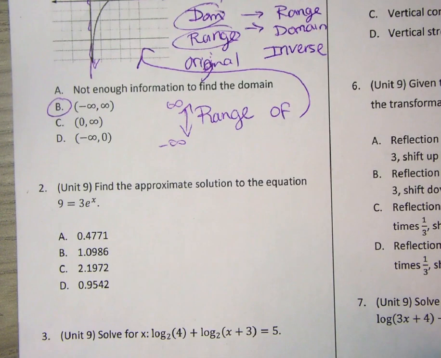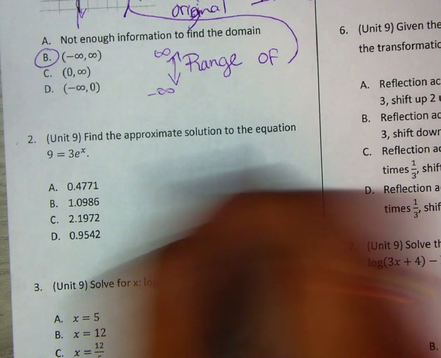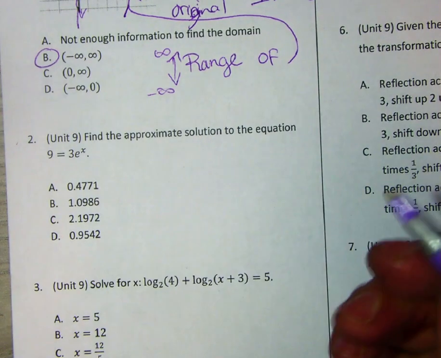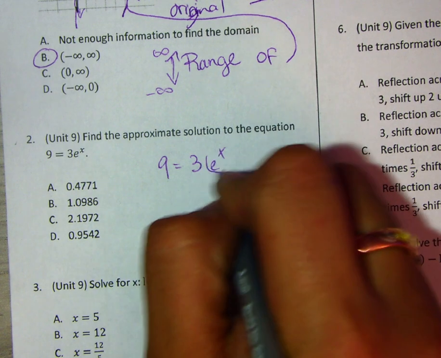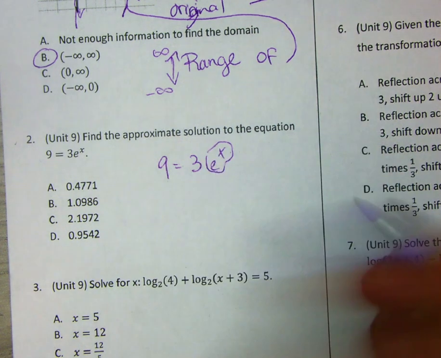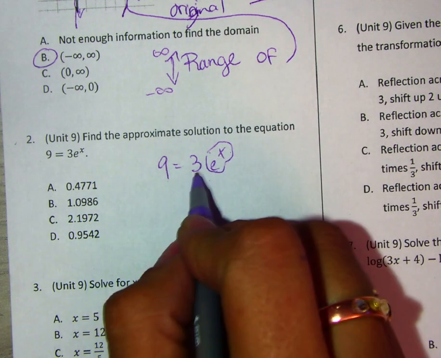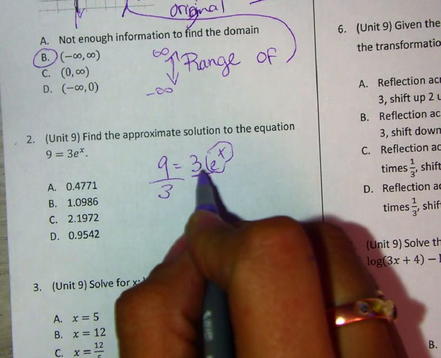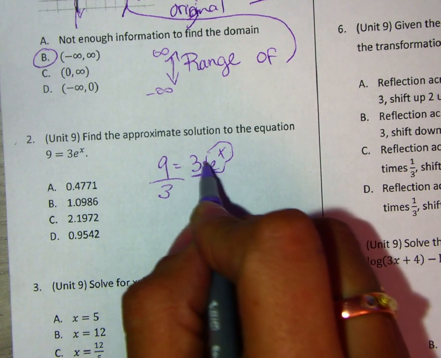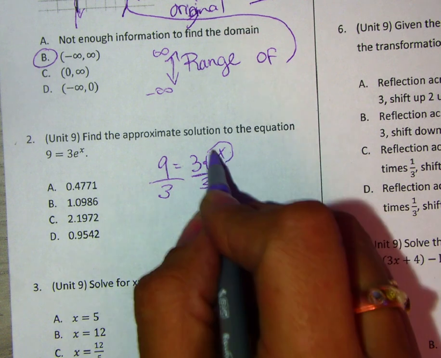Next question, we have find the approximate solution to the equation 9 equals 3e to the x power. So here we need to, again, isolate the base and the exponent before we undo that. So this 3 is a coefficient right now, and we're going to divide both sides by 3 to undo this coefficient. The coefficient is always multiplying times whatever's next to it.